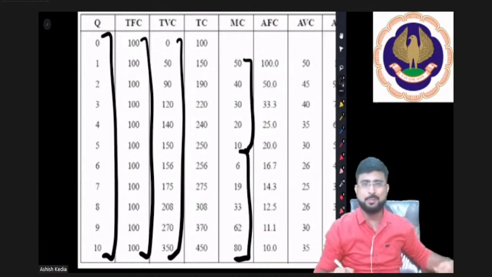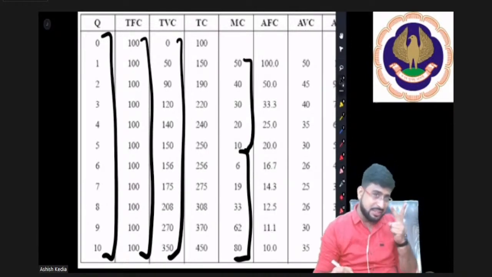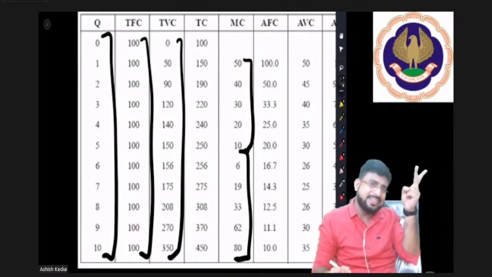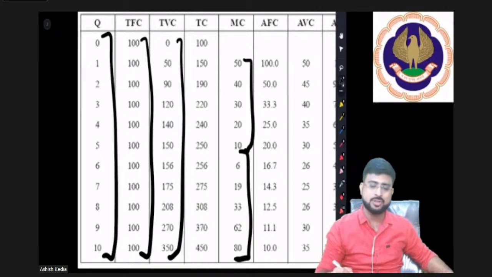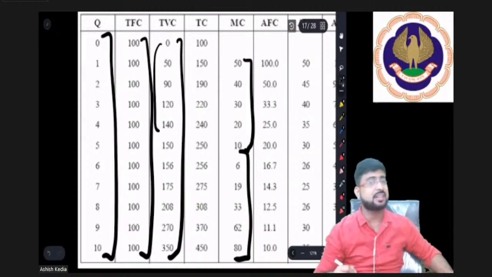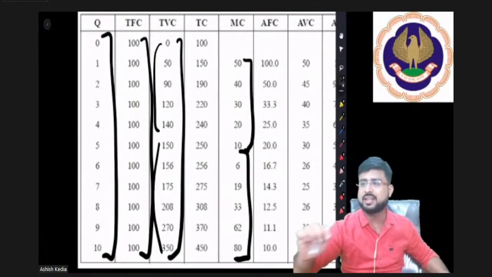Opposite to the behavior of output. What happened with output? You remember, it was increasing at an increasing rate and then increasing at a diminishing rate. In production, here it's just the opposite.